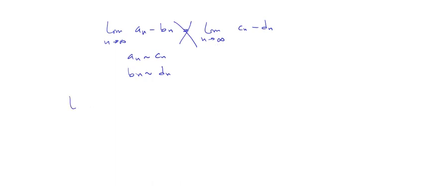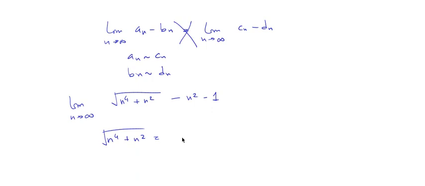So suppose we have this limit, the limit when n goes to infinity of the square root of n to the fourth plus n squared minus n squared minus 1. Okay? Well, you could say that, you know, n to the fourth plus n squared, you could take common factor n to the fourth, and so take it out of the root, and then you have 1 plus 1 over n squared.